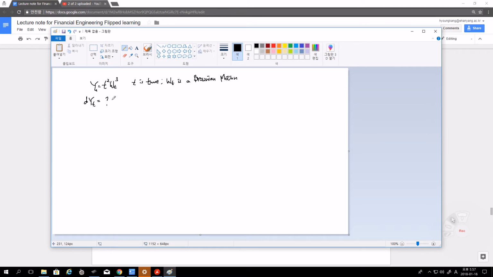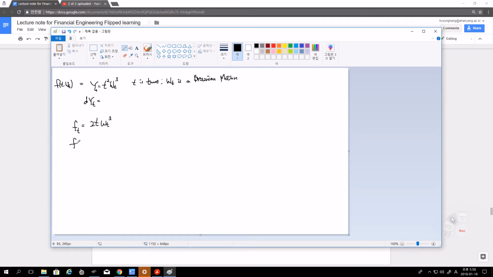In order to solve this one, we have to do a Taylor series expansion. So first, let's take derivatives of Y. We can call this one f(t, W_t). First, we calculate f_t, the derivative with respect to t. So it is 2t W_t^3.